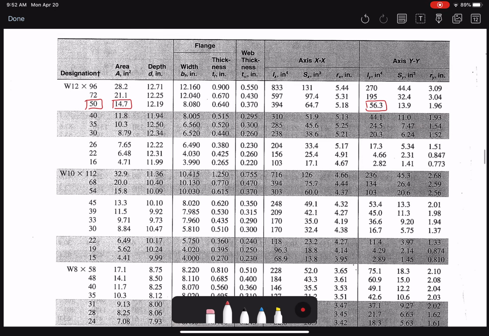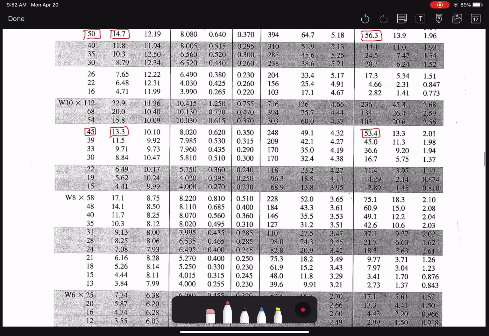And then we can also go to the W10 by 45. We have area 13.3, also greater than 5.21, and the area moment of inertia about the y-axis is 53.4, also greater than the 50.3 requirement, yes.